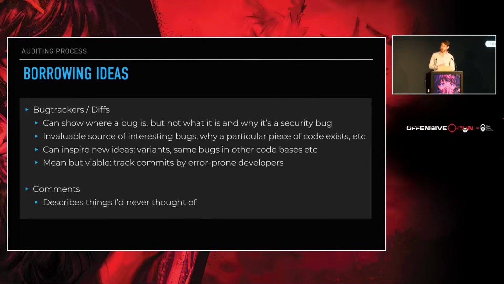Comments in the code base itself are also pretty useful because, again, they document things that you might never have thought of. I've found bugs in one or two applications because I looked at comments where they talked about a complex bit and why they did it. And then I wondered how the other guys got around this, and they hadn't, essentially.